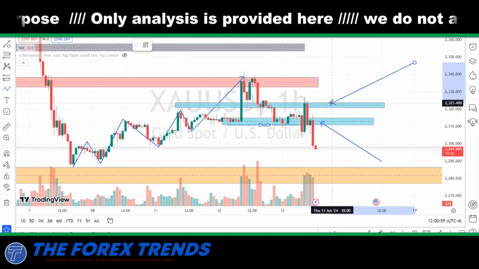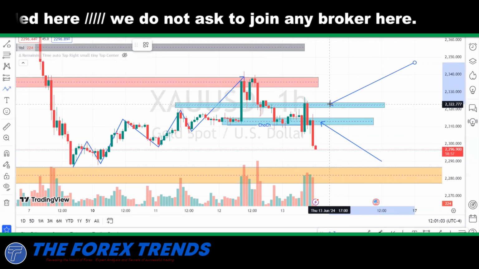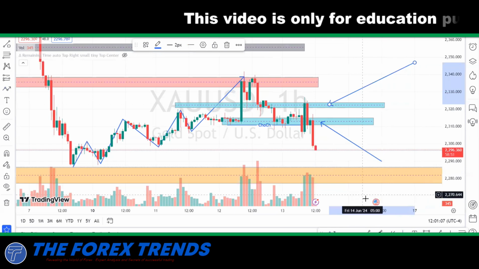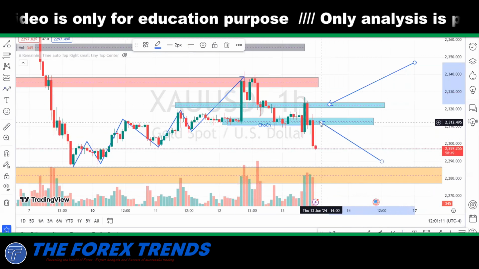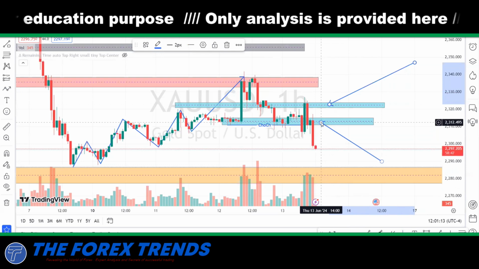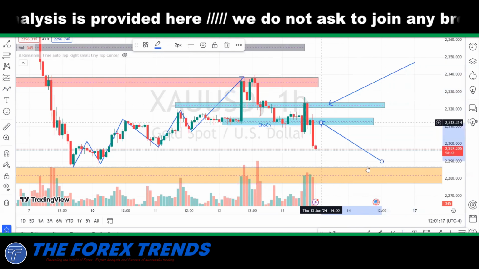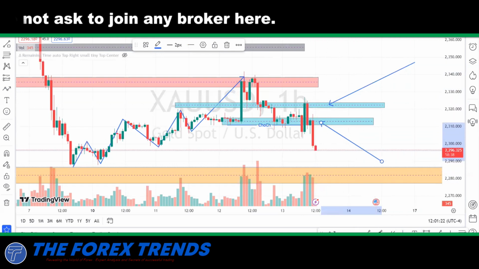So the price may work for a sell again. So hopefully we may get the price at the 2312 level, and the price again starts coming down from this level. Okay, this is the trade setup for intraday purposes for today and tomorrow.